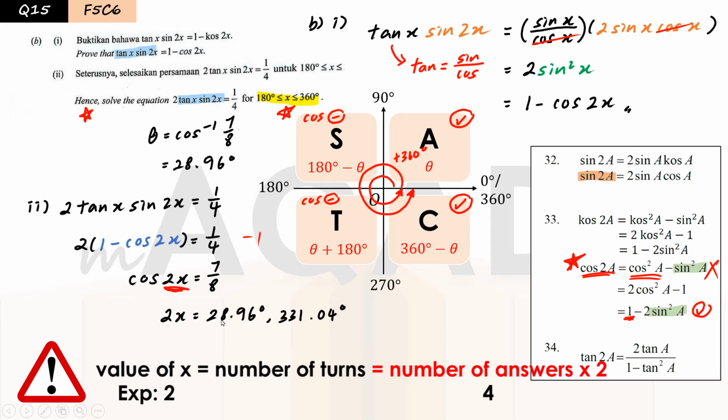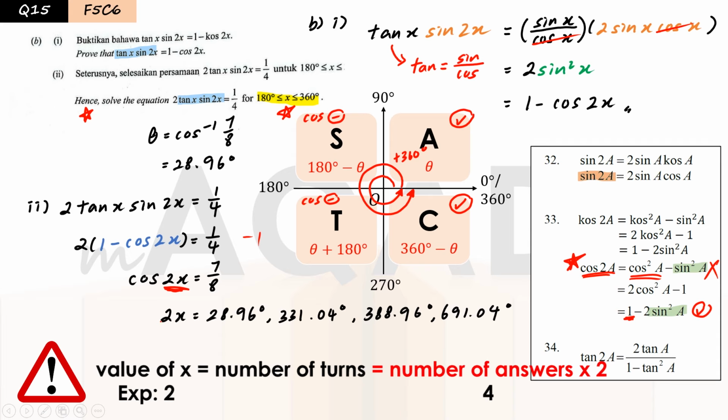So 28.96 degrees plus 360 degrees should be 388.96, and then we add 360 degrees to the other angle as well, so here it will be 691.04 degrees. So 2x will touch the quadrants that we want 4 times, so there will be 4 answers.